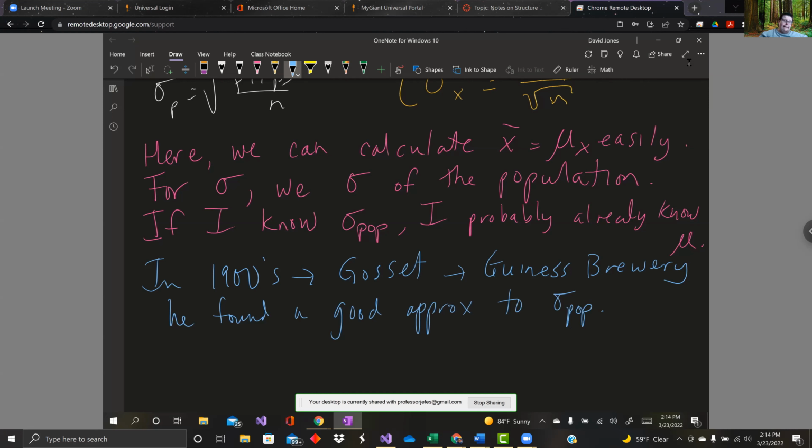And it took a lot of work, and his employer wouldn't let him publish under his name. So he went and got a pseudonym, and he published under the name Student. That was the name he used.